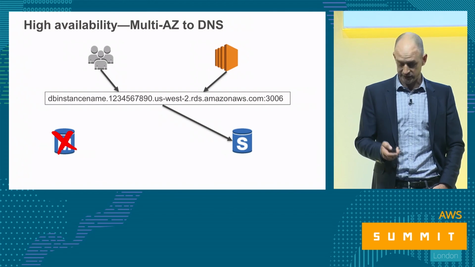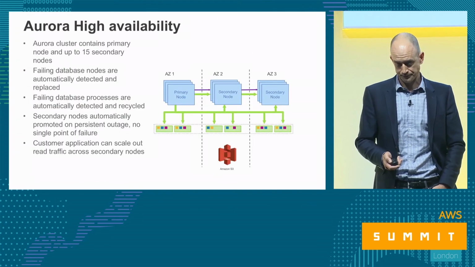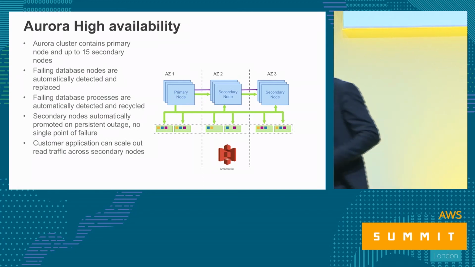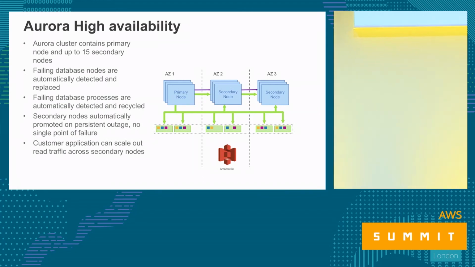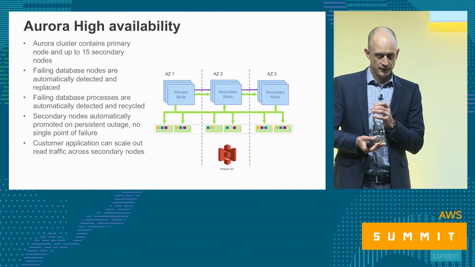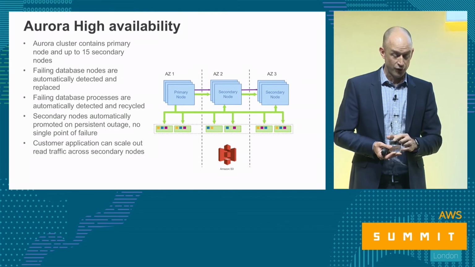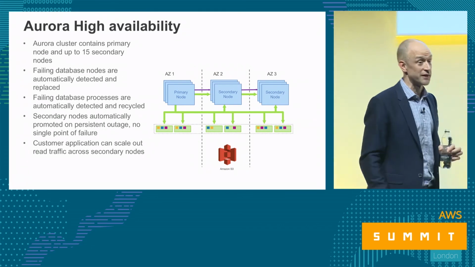That will be made the new master. And then it will go ahead and recreate another secondary. So that's multi-AZ, which is available for database engines such as MySQL and many others.